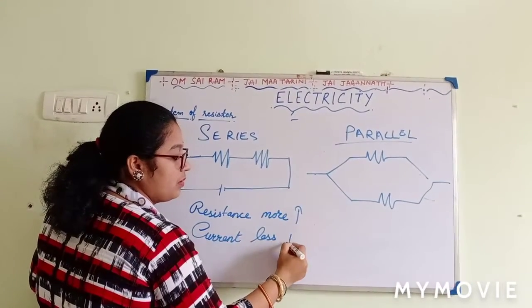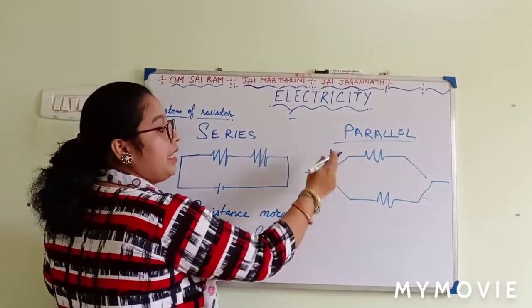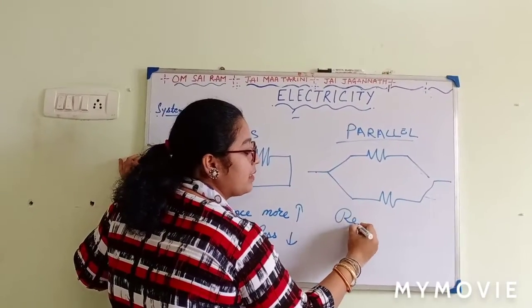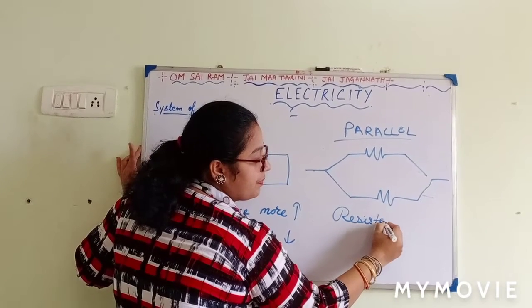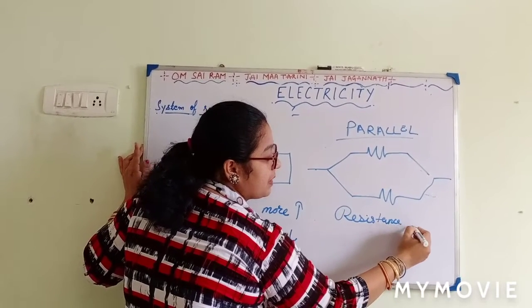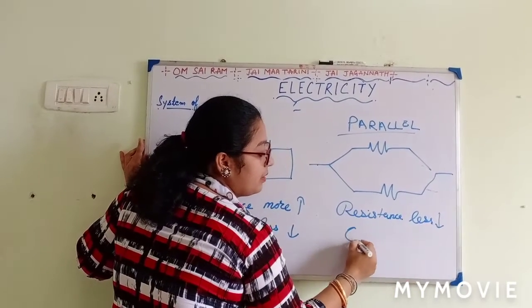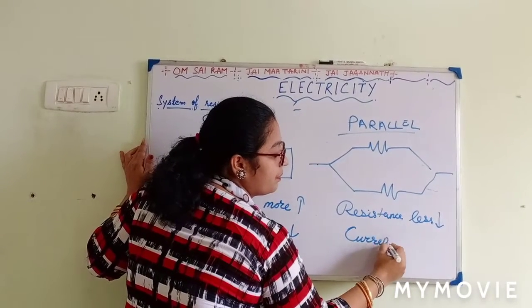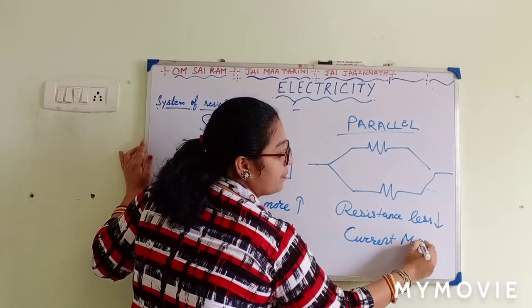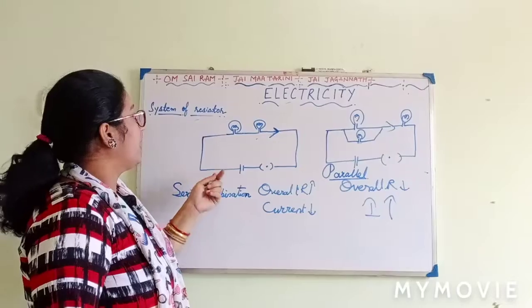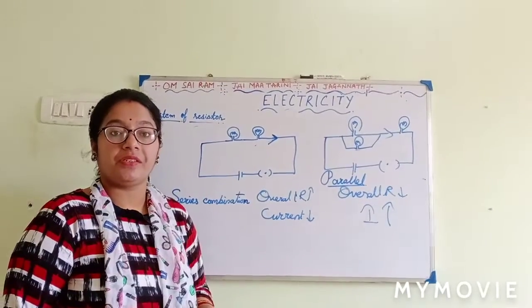In the case of parallel combination, the resistance offered is less, so current will be more. Clear till here?